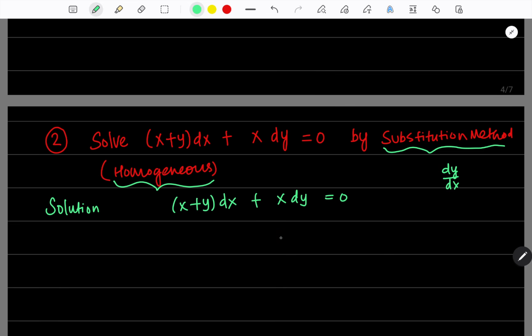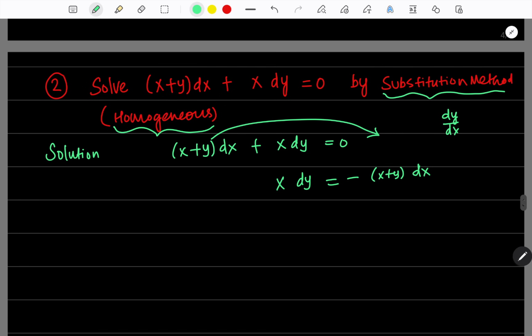So x dy is equal to minus x plus y into dx. After that, use variable separable again. So dy by dx is equal to minus x plus y divided by x.